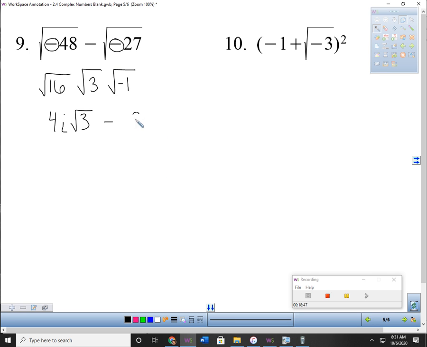So that would be 3i square roots of 3. See how this back behind that coefficient in the front is the same? So I have 4 minus 3. That would just give me 1i square root of 3.